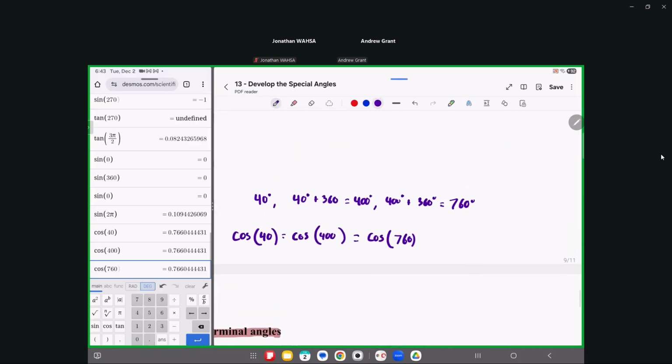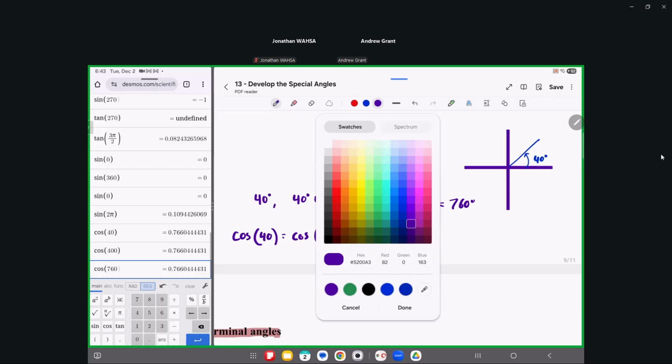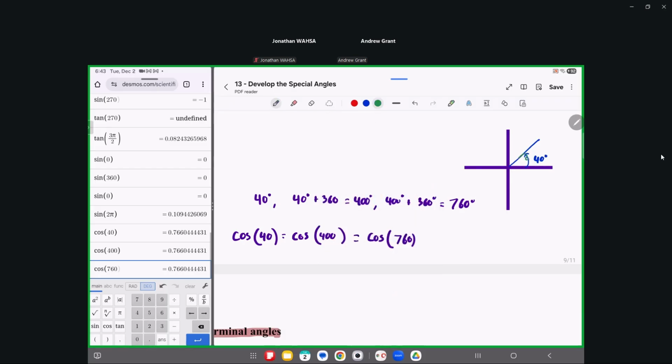And the reason for that, from a geometric perspective, is if you imagine a 40-degree angle in quadrant 1, and you go around the circle again and rotate it 360 degrees, you end up exactly where you started. So this would end up being an angle of 400 degrees.